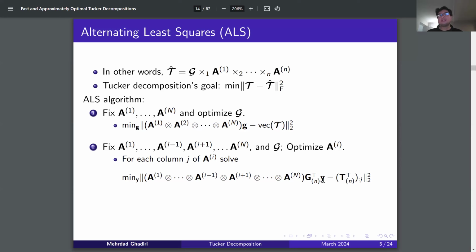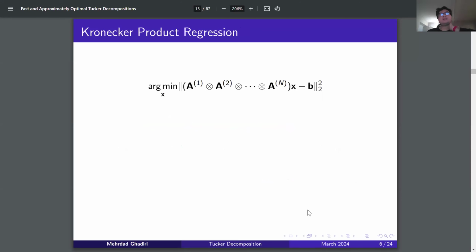The issue is that y is a variable, and all of these are fixed. So now if I want to multiply y with this, I cannot use the fact that this is a Kronecker product anymore. Okay, I see. I'll get into it later. I have a slide on how to deal with that.